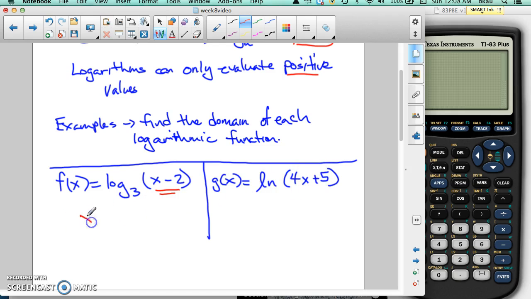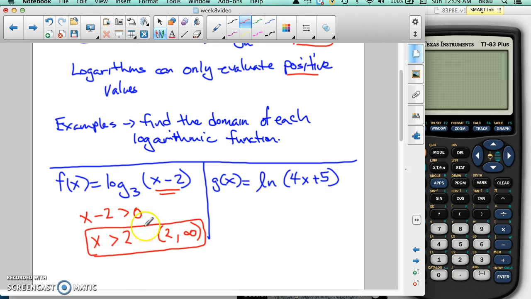So we're going to say x minus 2 is greater than 0, and by adding 2 to both sides, x is greater than 2 is our domain. And we will write that from 2 to infinity. So that's the domain of this logarithmic function. We have to look at this value and see where it's positive.